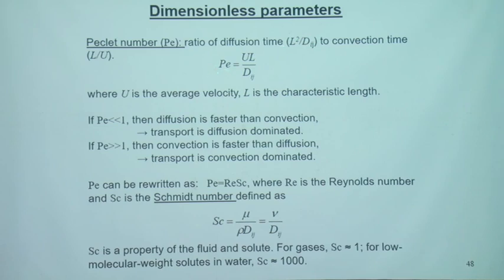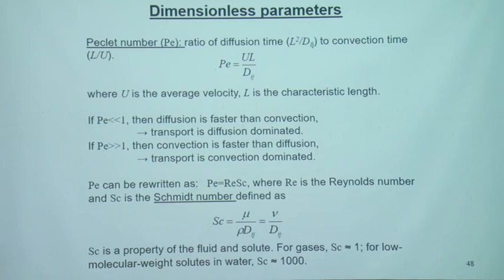Obviously, if the diffusion is fast, diffusion time will be short, so the Péclet number will be small. If the Péclet number is very small, then diffusion is faster than convection, and transport is diffusion dominated. On the other hand, if the Péclet number is much larger than 1, then convection is faster than diffusion, and transport is convection dominated.